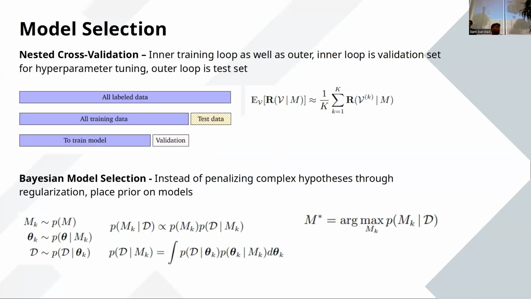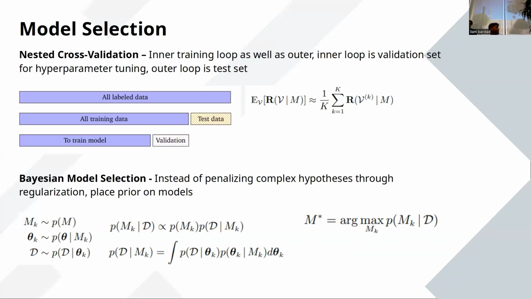Now that we know more about Bayesian properties, we look at this idea of nested cross-validation, which is basically just having an inner training loop as well as an outer training loop, where you validate the model within each fold.